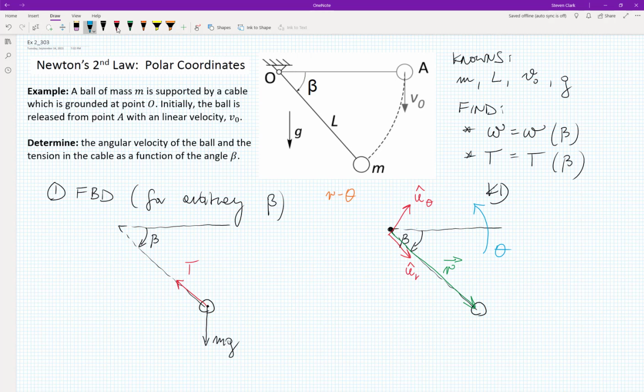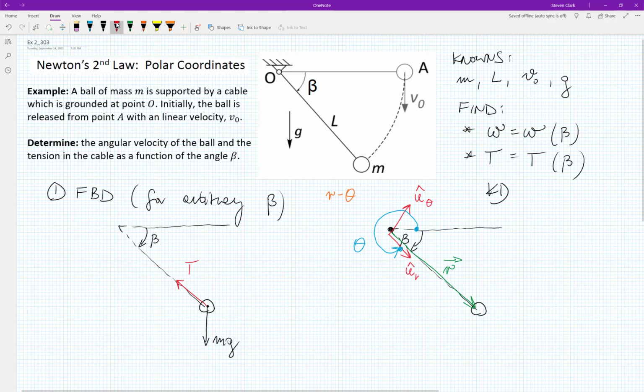It has to start from the horizontal line and it has to end up at UR. So in order to satisfy these three requirements, our theta will look like that. This is our angle theta. Okay, guys, we'll get to that in a second.